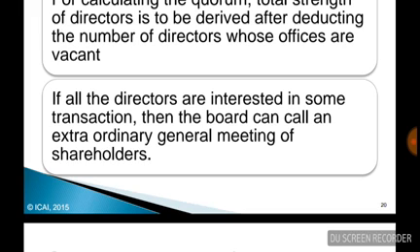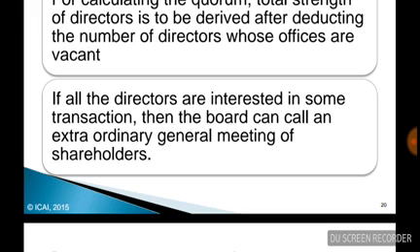And quorum, this point was already discussed. For calculating the quorum, the total strength of directors is to be derived after deducting the number of directors whose offices are vacant. That means, as I already discussed, only the number of directors who are present for the board meeting and who have participated in the transactions. The directors who were present and remained silent won't be considered.